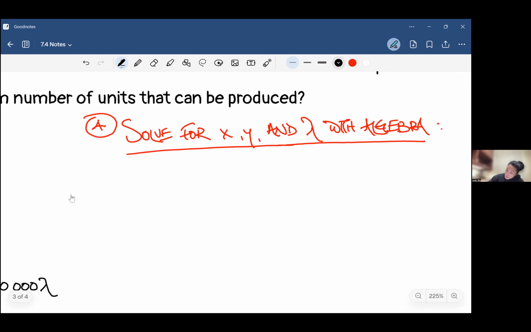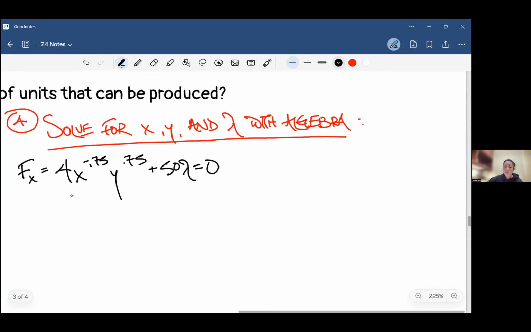Now I'm going to clean up my Fx a little bit, and if I multiply things out, I get 4x to the negative 0.75, y to the 0.75, plus 50 lambda equals 0. And what this allows me to do is to solve for lambda.